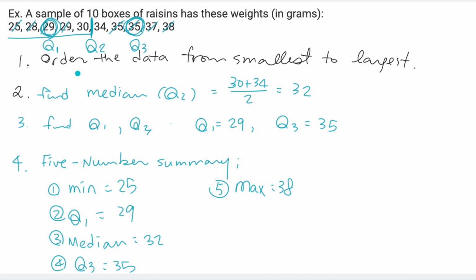Okay, so how do we use these values? Write this down in your notebook so you can easily transfer that to the box plot. Okay, so now with the 5-number summary, let me rewrite that. We have 25, 29, 32, 35, and 38 in order.